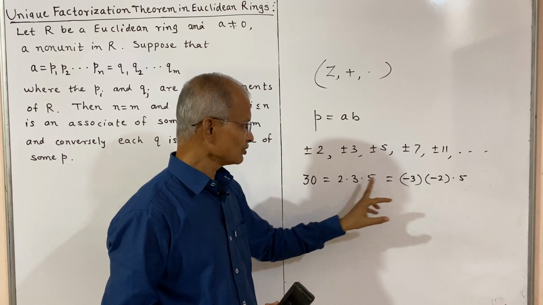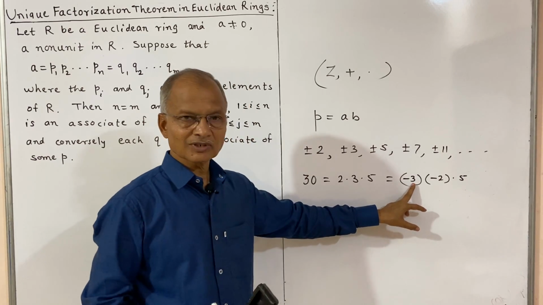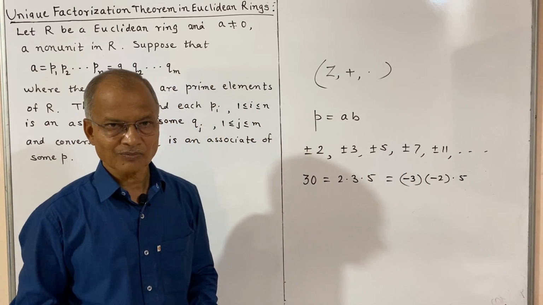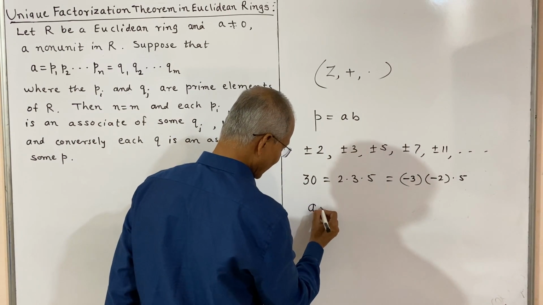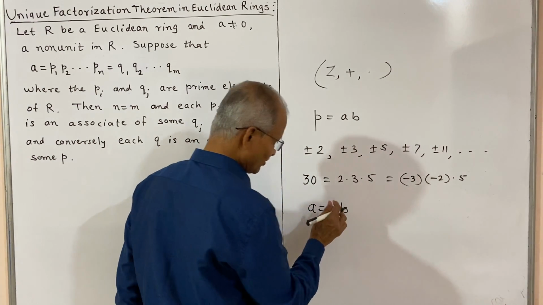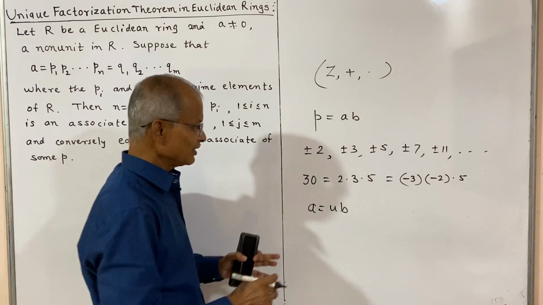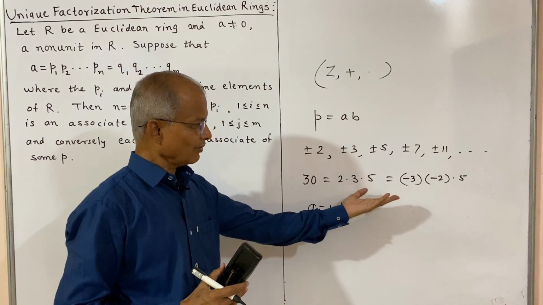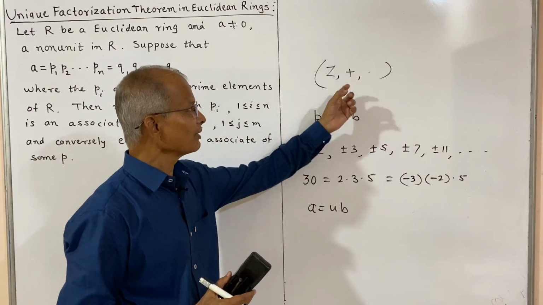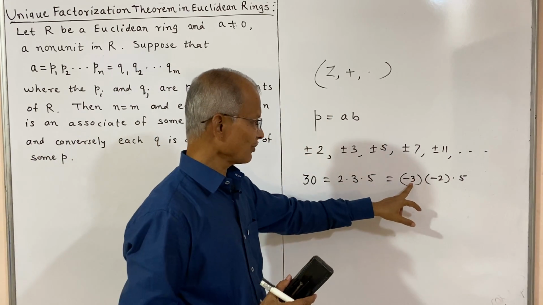We have studied associate elements also: A and B are said to be associates if we can write A is equal to UB, where U is a unit in R. That means 2 and -2 are associates. The negatives of each other are associates in the simple ring of integers, and 3 is an associate of -3.